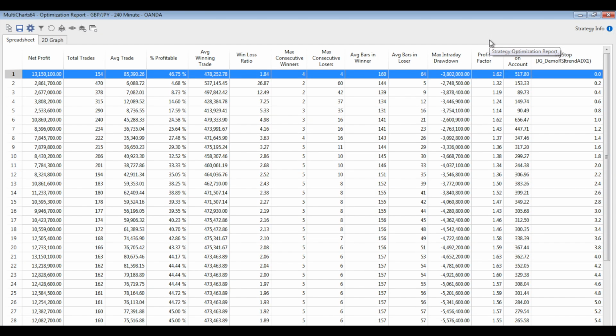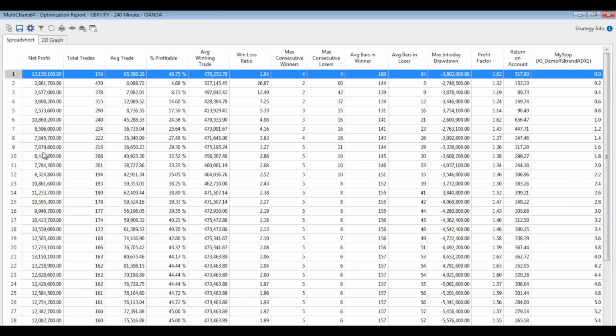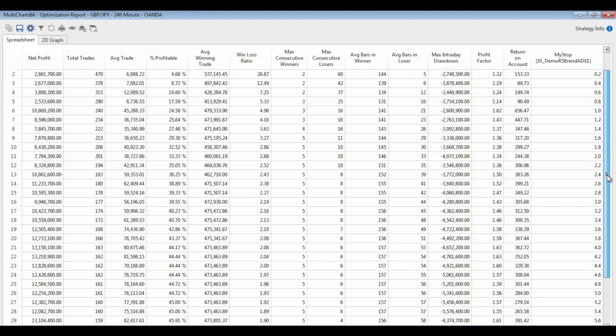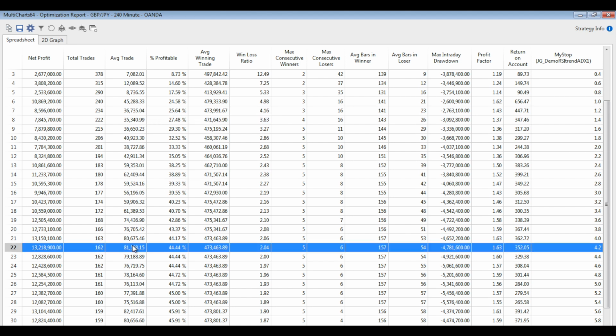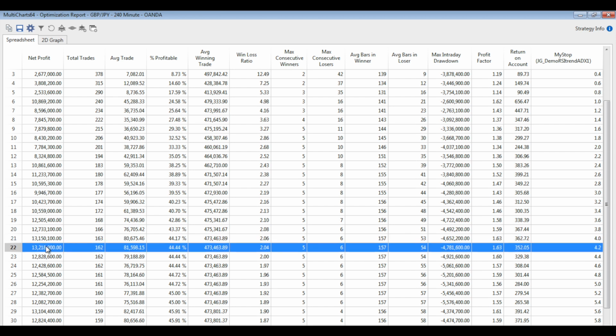I've run an optimization as usual, and you can see here in this column my stop loss, and we've gone from 0 stop, which we've already seen, down to 6, which is equivalent to 600 pips on pound yen, as we normally do, looking down the net profit and looking down the average trade values. I'll move this down so we can see where the best results lie, and they're probably around here, around 400 or 420 pips.